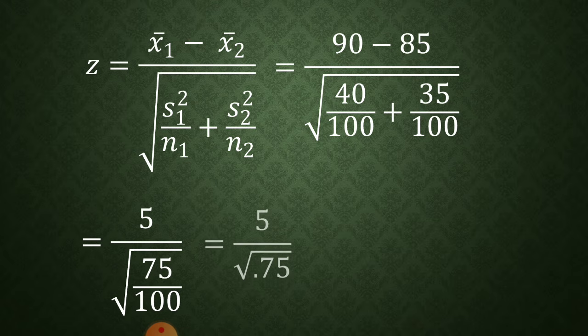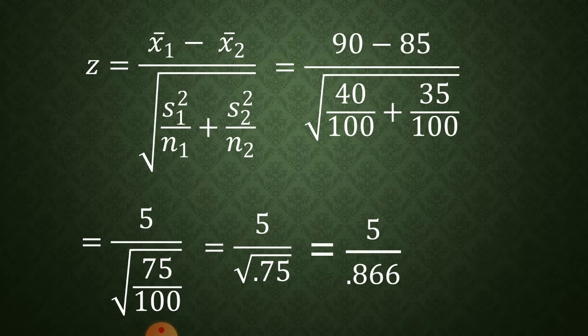Then simplify further. So 75 all over 100 is equal to 0.75. So that is now 5 divided by the square root of 0.75, which is 0.866. So the Z computed value is equal to 5.774.